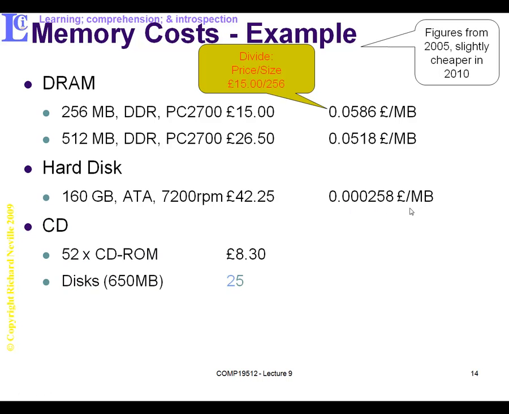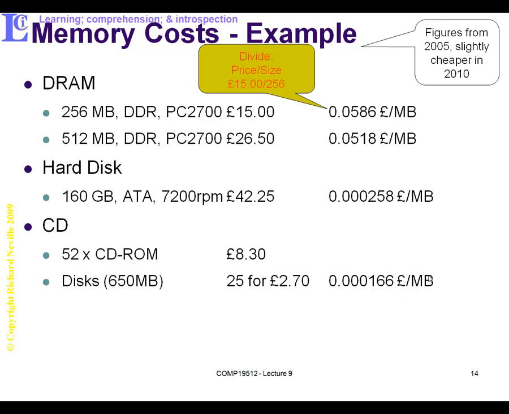Now let's move on. Now if we start looking at CDs, and a nominal CD is 650 meg, and if we have 25 for £2.70, that gives us a very small cost, 0.000166 pounds per megabyte.